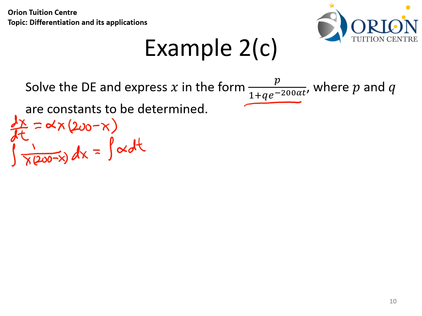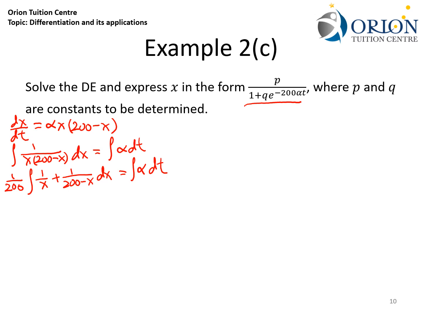To solve the integral on the left hand side, we will have to employ partial fractions, and after applying partial fractions, I will get 1 over 200 times the integral of 1 over x plus 1 over 200 minus x dx equals the integral of alpha dt.